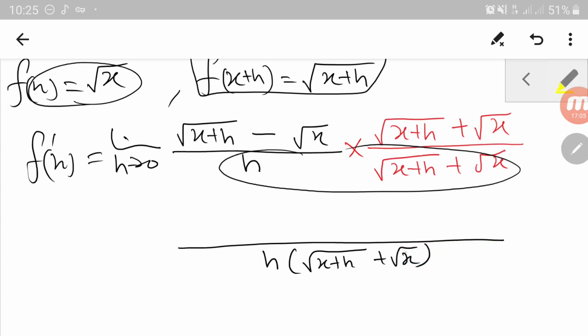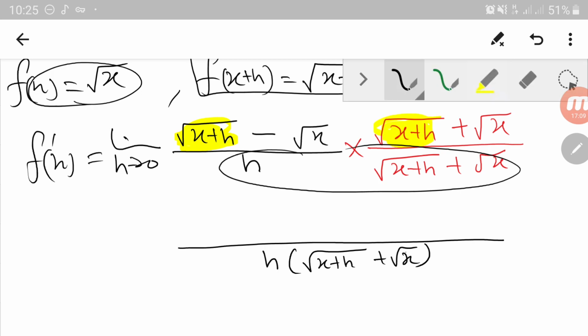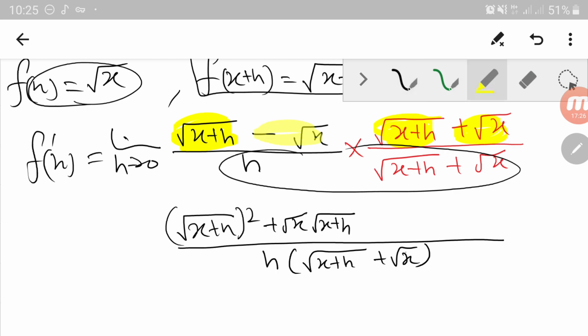This one multiplied by this one, I get square root of x plus h, squared. Then the first term in the first bracket with the second term over here, I get plus square root of x plus h times square root of x. Then the second term here multiplied with the first term in the second bracket, minus square root of x times square root of x plus h.